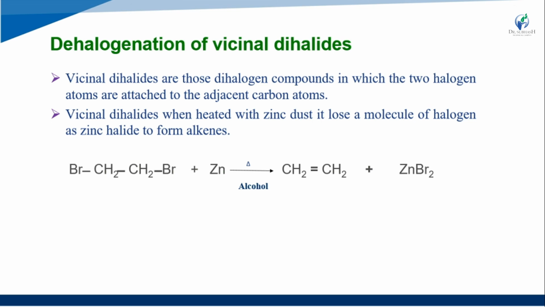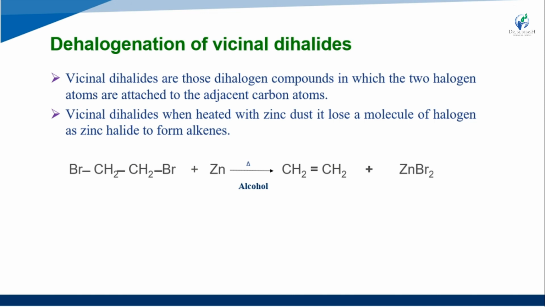So in the presence of alcohol at higher temperature, heated with zinc dust, it loses the halogen as a zinc halide and one alkene is formed.